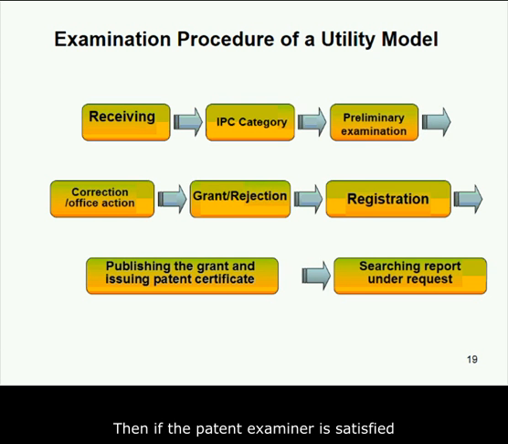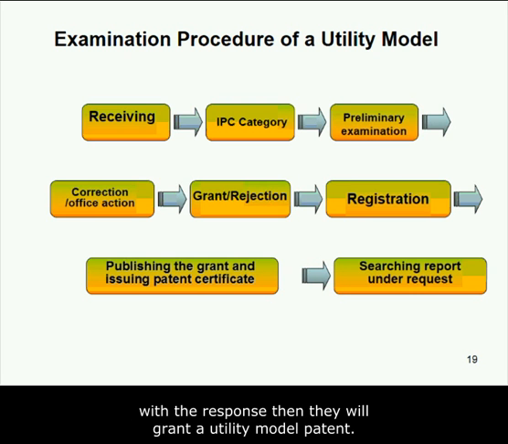Then if the patent examiner is satisfied with the response, they will grant a utility model patent. If not, they will reject the utility model application.